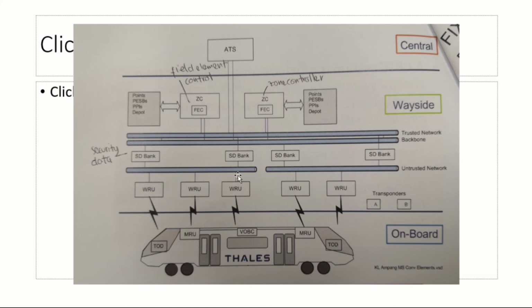Okay. Other than that, it is fiber optic. It's either single core or multi-core fiber optic. Depends on the application. Okay, and then we have the on board punya equipment, VOBC, MRU and TOD. So this is an example for the Ampang line punya train.